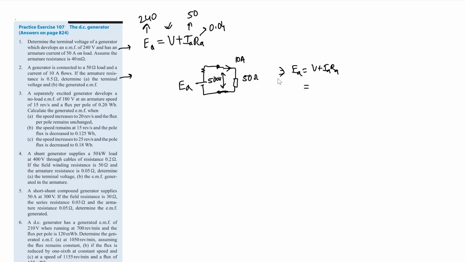V is 500 plus IA, 10 ampere flowing, and the armature resistance is 0.5 ohm. So 10 into 0.5 is 5 volt, and this will be 500 plus 5, which is 505 volt.